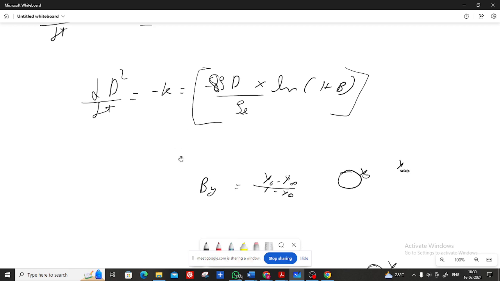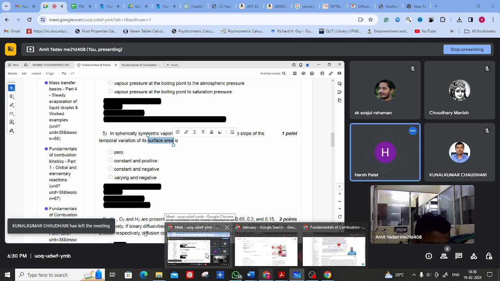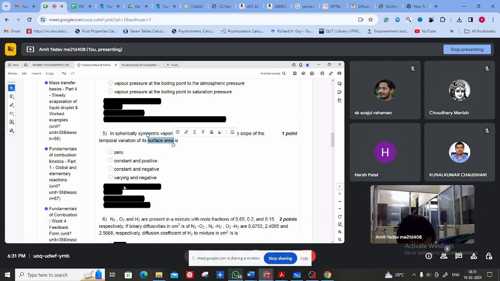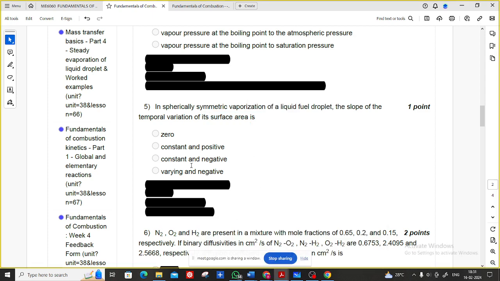Do you have some doubt? Manish, I think you were having some doubt. No, sir. Okay, so the slope should be negative, constant and negative.